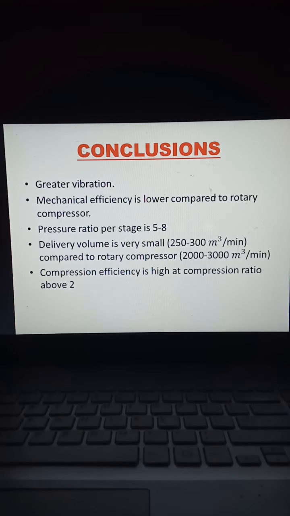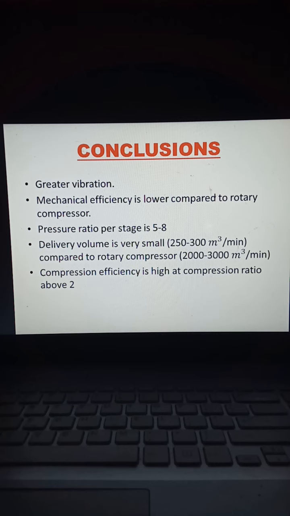Now, after that, we can conclude that in a reciprocating air compressor, since the parts are much heavier, the vibration encountered is greater. Then the mechanical efficiency. Mechanical efficiency is nothing but the ratio between the actual work, that means the polytropic work, divided by the shaft work.